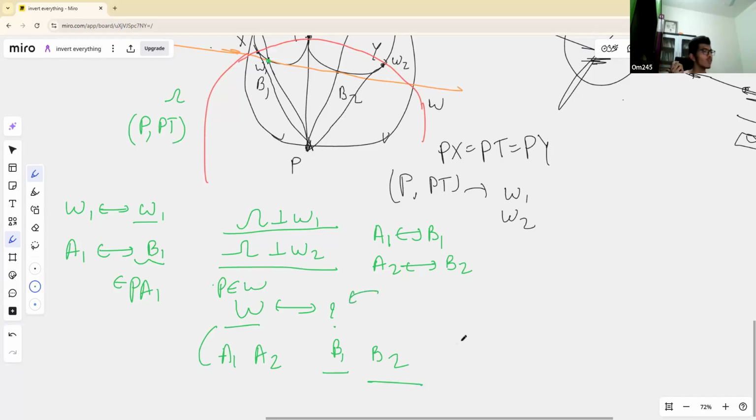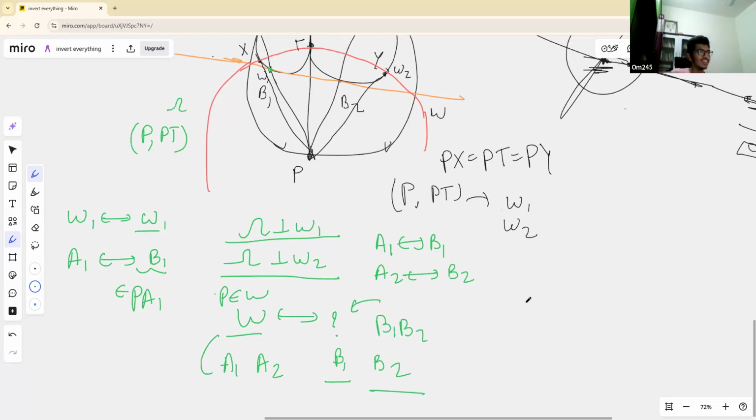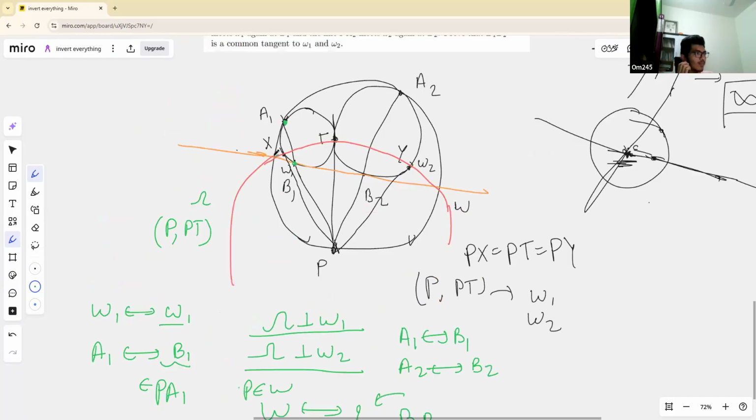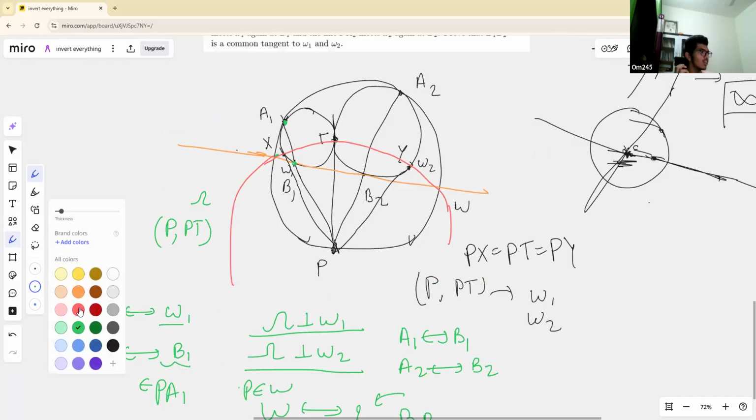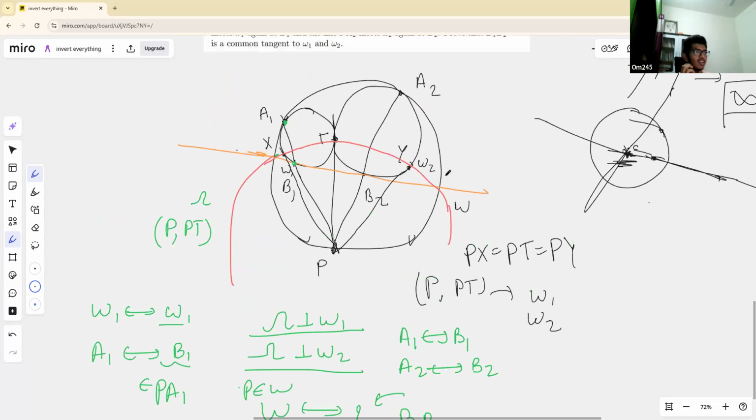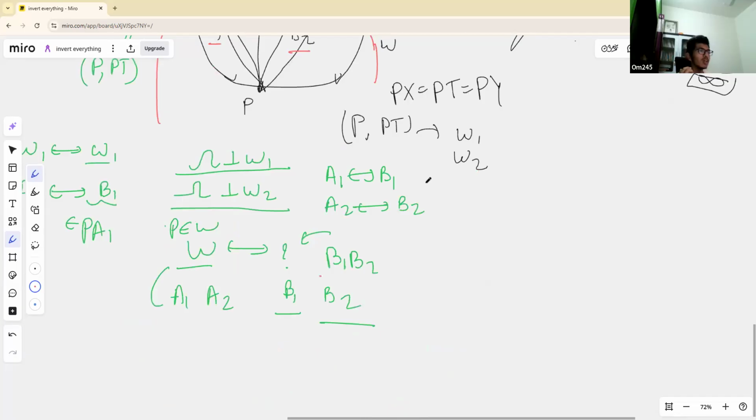Do you know what the line passing through the two points B1 and B2 is? Surprisingly, it's basically those two points connected to each other. These two points should also be preserved because they are on the same radius. So the image of omega, omega dash, is line B1 B2.